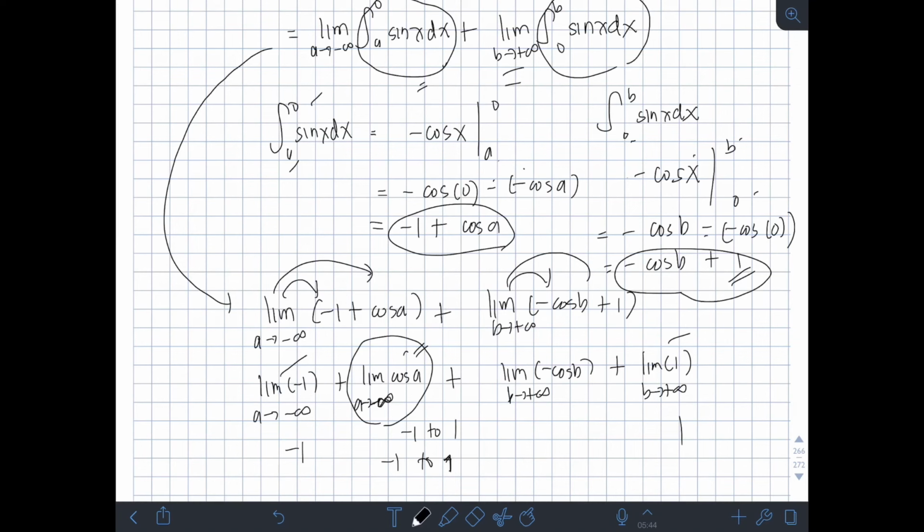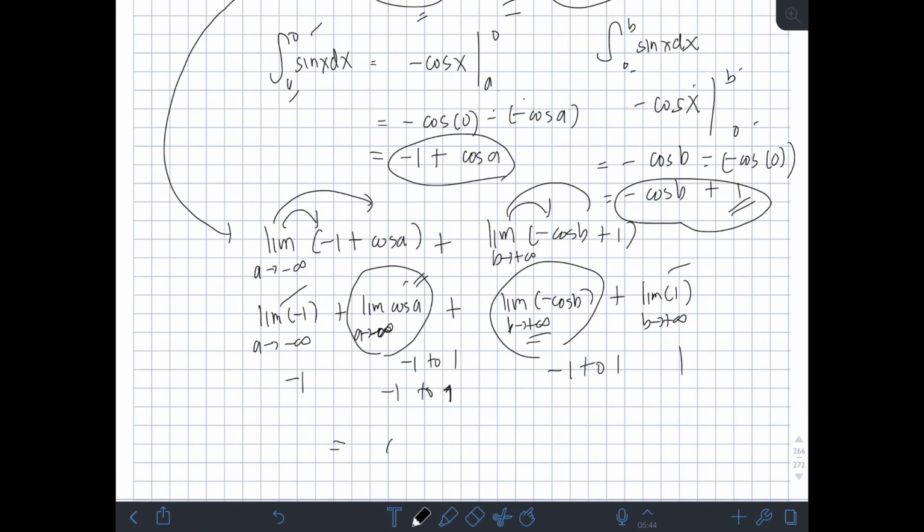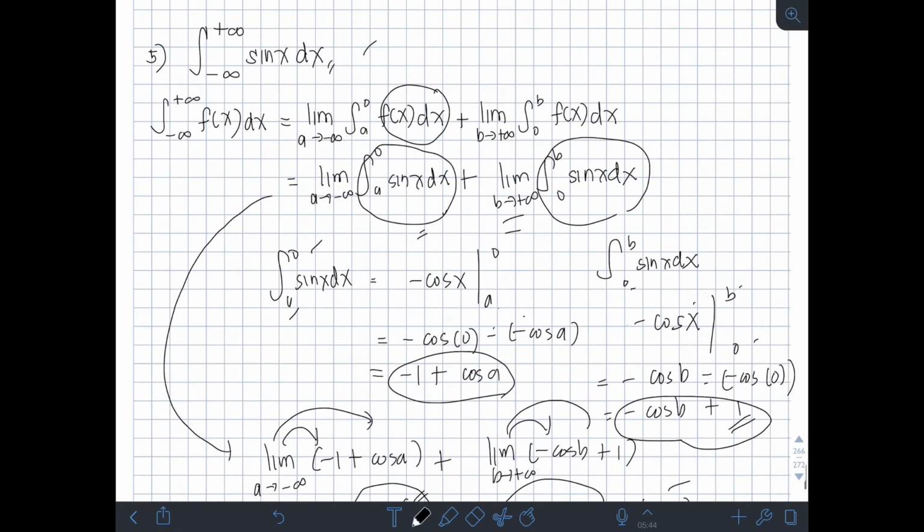So, walang defined value. Same lang din dito sa limit ng negative cosine b. Habang pinapataas natin ng pinapataas yung b, ang magiging value lang din itong negative cosine b is from negative 1 to 1. So, hindi define yung value kasi wala tayong finite value kundi pabago-bago. So, ibig sabihin, itong integral natin is divergent. Okay? So, this integral is divergent.